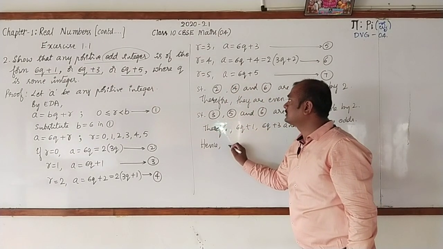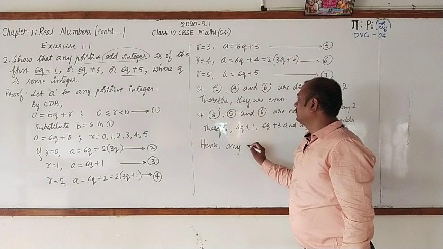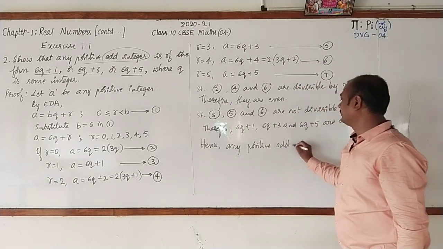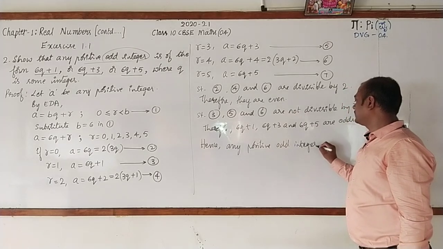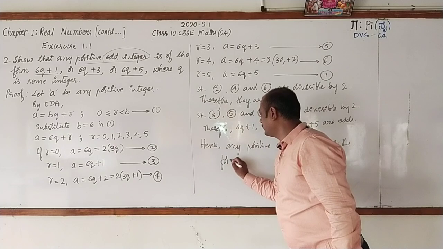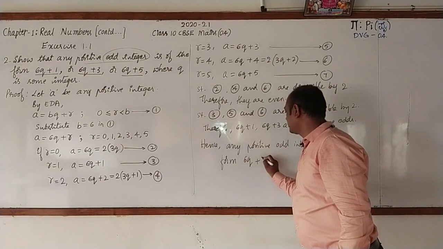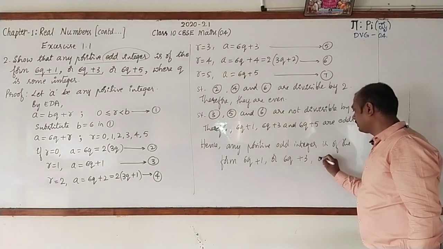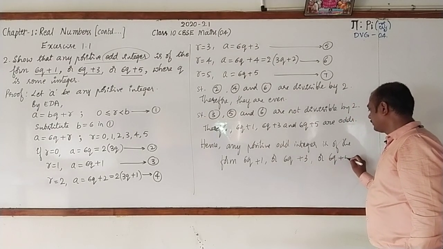Alright. Hence, any positive odd integer is of the form either 6q plus 1 or 6q plus 3 or 6q plus 5.